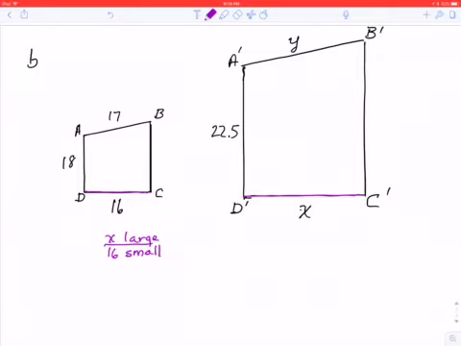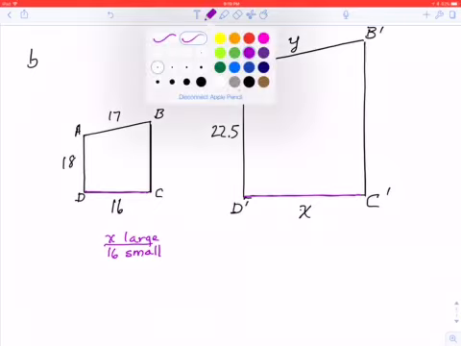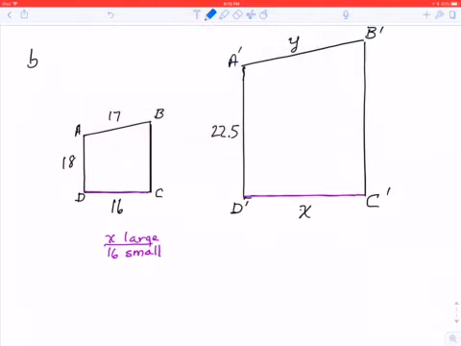So I did x from the larger figure over 16 from the smaller, and I need two other sides that correspond. Well, I did large over small, I need large over small. Well, the 22.5 corresponds to the 18. 22.5 from the larger figure corresponds to 18 from the smaller figure.